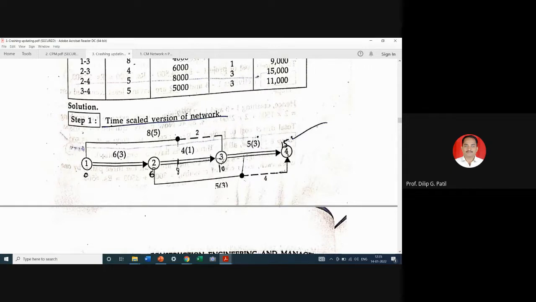So at that time you can see 1-2 and 1-3 can be crashed, or either 3-4 and 2-4 can be crashed. त्या पद्धतीने जे काही बदल होत आहेत ते आपल्याला स्टेप बाय स्टेप कळतात. पण at this moment you decide that 2-3 is to be crashed by 2 weeks only instead of 3.